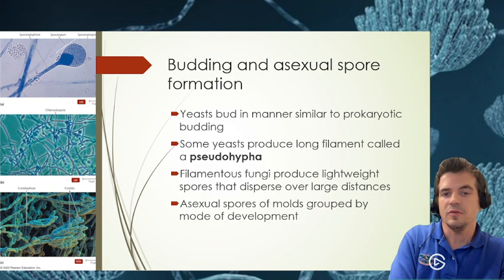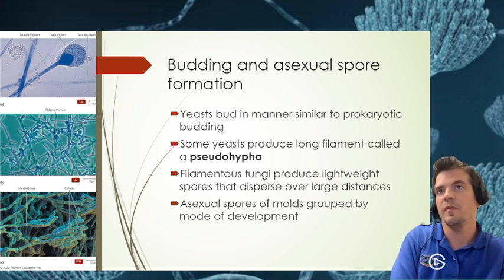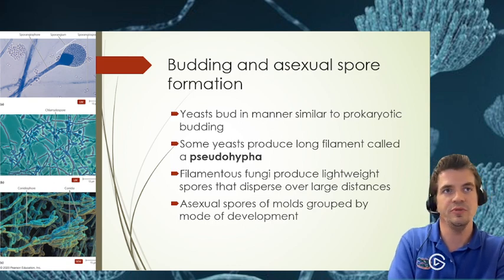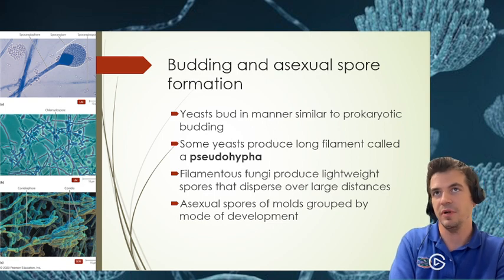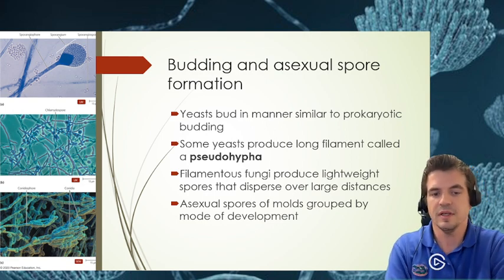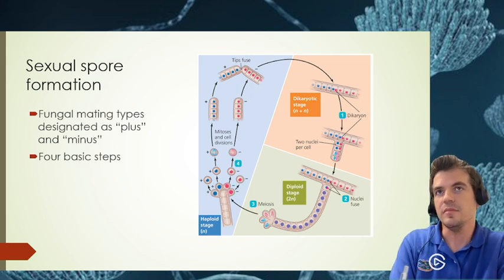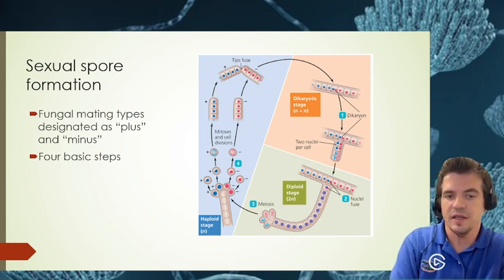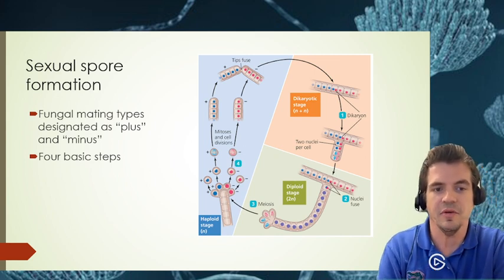Budding and asexual spore formation are two other types that yeasts and other fungi can use to reproduce. I would just know the names, budding and spore formation. And what I mean by spore formation is the diagram here.